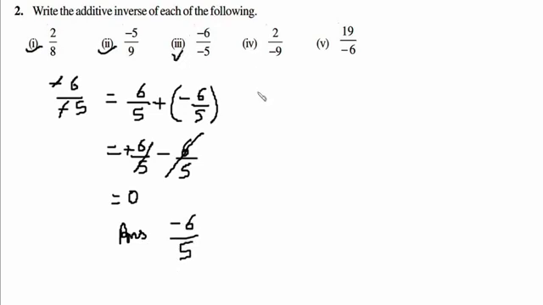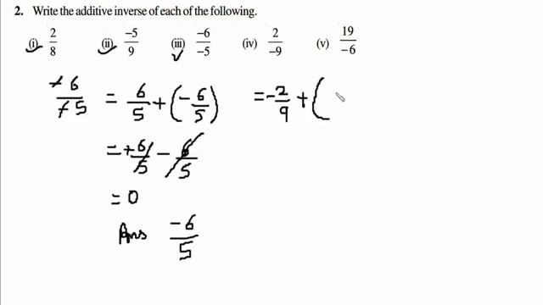Fourth part, here we have minus 2 over 9. You have studied in your previous classes that this minus can hover from the denominator to the numerator without changing its value. Also, this negative sign can be written here as well. So this whole number is negative of 2 over 9. So what should be added to it to make this number 0?